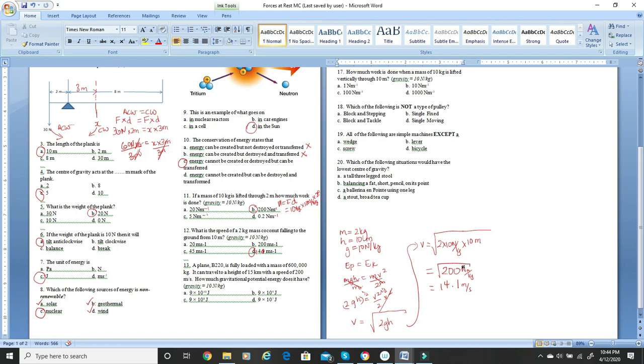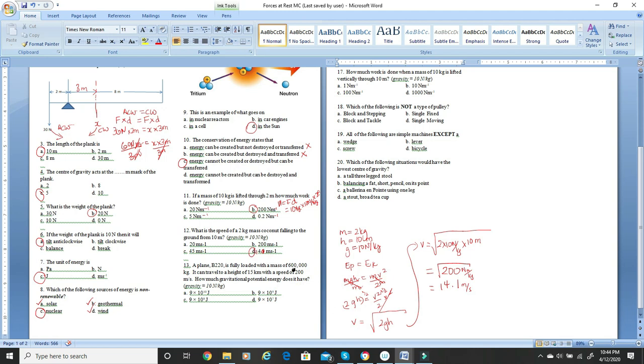Alright, a plane B220 is fully loaded with a mass of 600,000 kilograms. It can travel to a height of 15 kilometers with a speed of 200 meters. What is the gravitational potential energy?